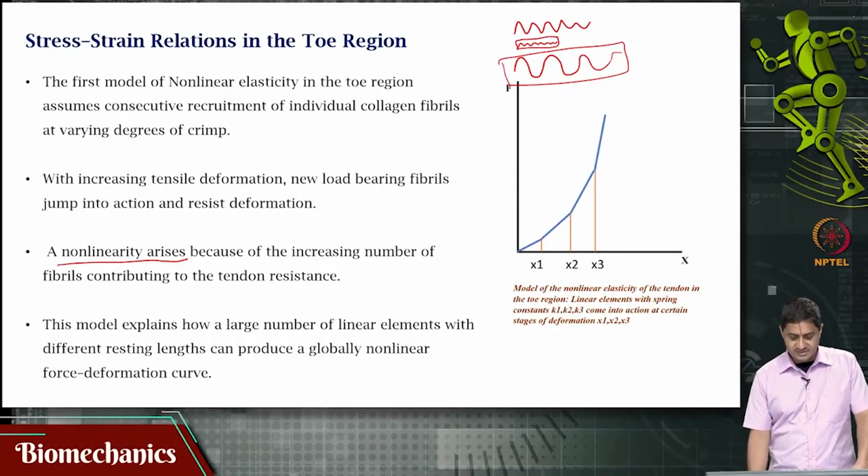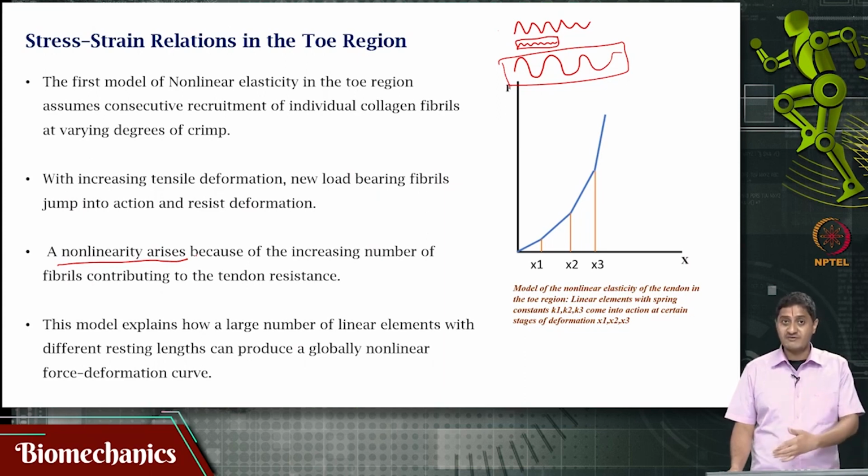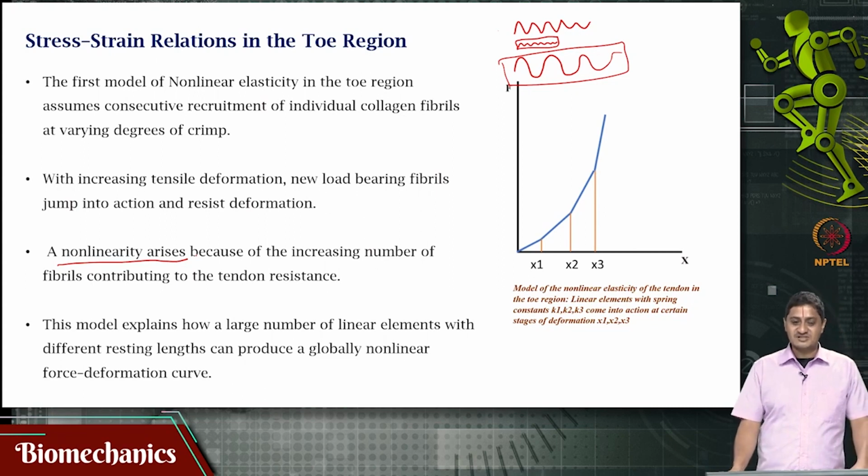So, what we see is the source of this nonlinearity may be because of the differing resting lengths or the differing crimp properties of different fibrils or different collagen molecules, right. So, as the number of fibrils that are getting recruited changes, or as the fibrils at different resting lengths are getting recruited, each of them may have linear elasticity or linear properties between stress and strain.